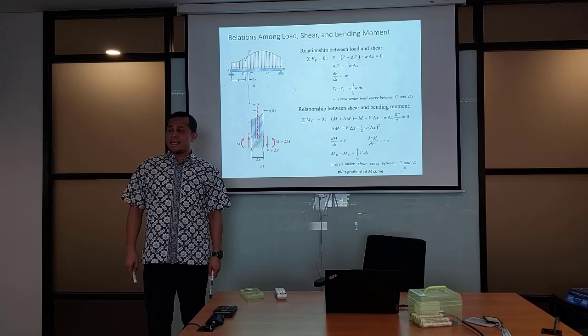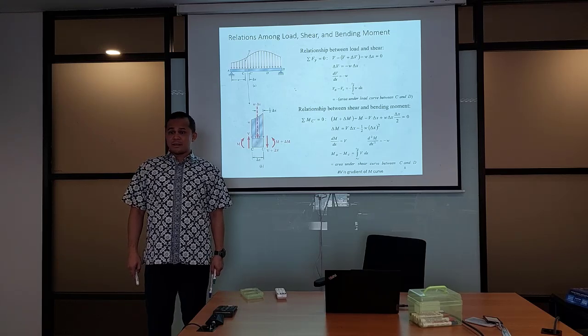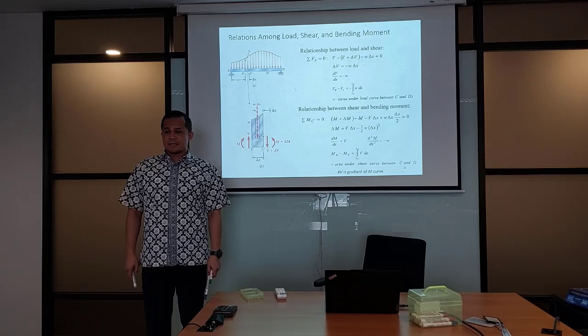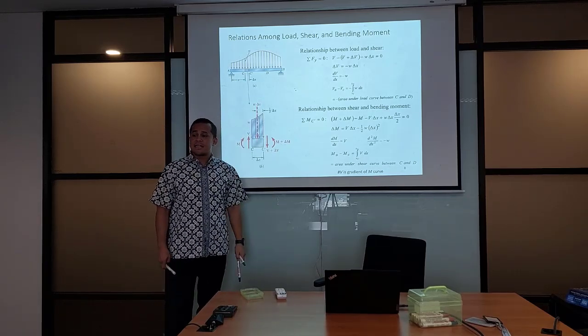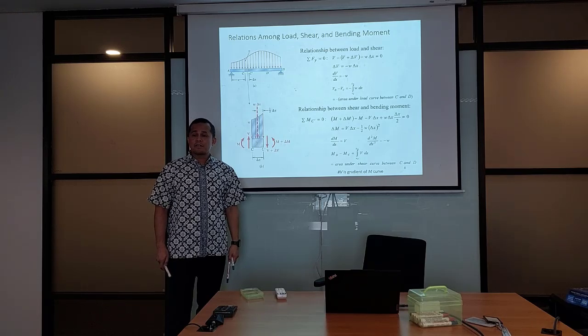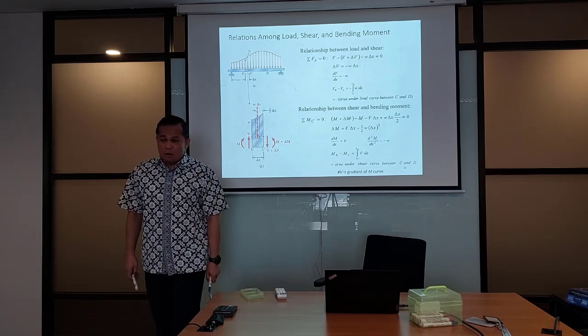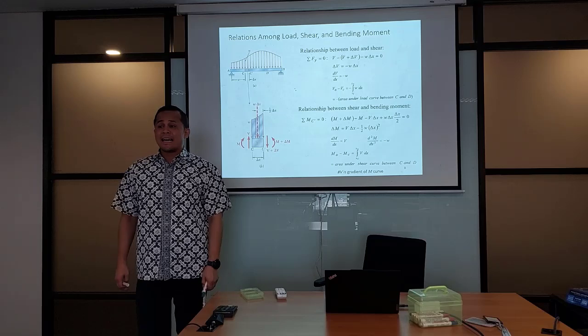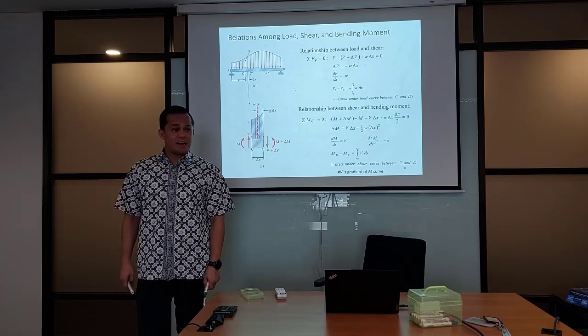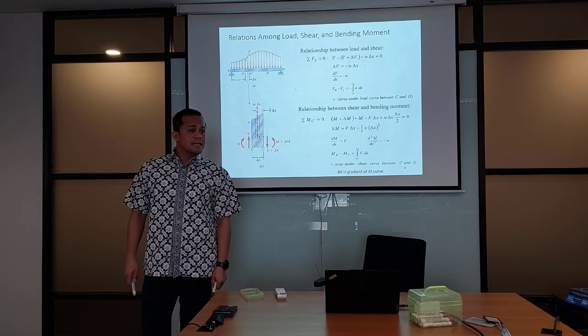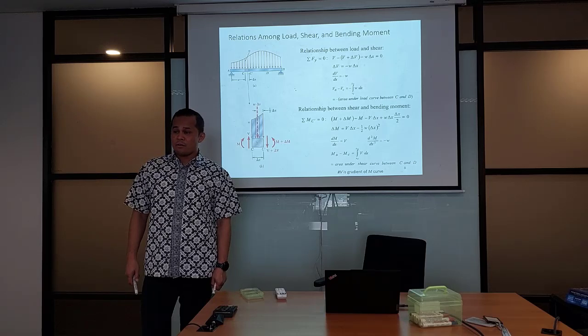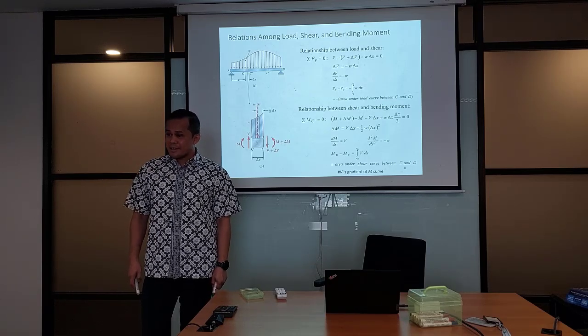Then you get E as the Young's modulus. So when you look at this, we can interpret that if you know the applied load, that applied load becomes the gradient of your shear force diagram, like what you did in the stress strain curve. If you know the elastic modulus of your material, it becomes the gradient of your stress strain curve. Agree or not? Similar. So when you can define the applied load of your beam, it will be the gradient of your shear force diagram.